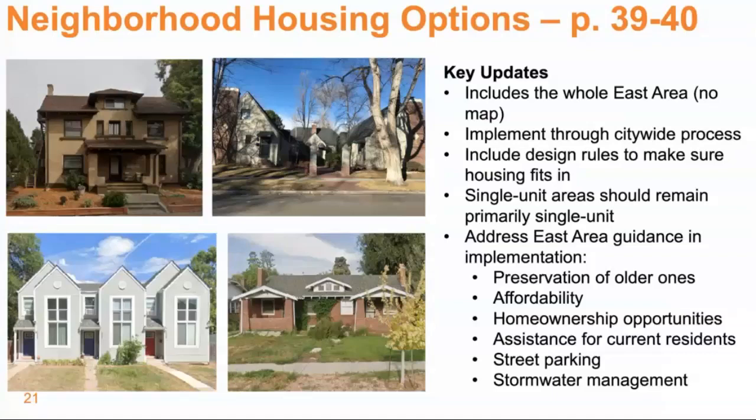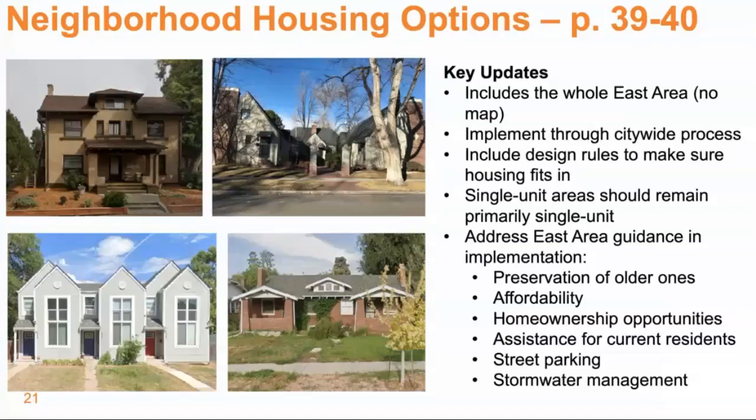There were other points of view that thought, well, why should we limit this to only certain blocks? Maybe more people should be able to have this opportunity. So we took out that map and we applied the recommendation for new housing options equally to all the neighborhoods in the East area.